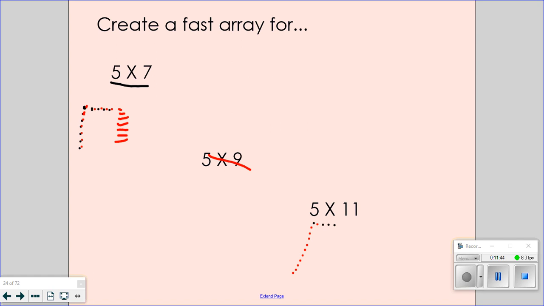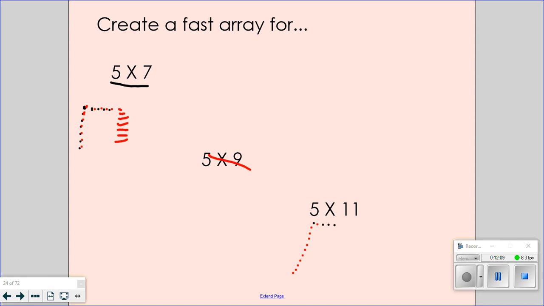As we start working with bigger numbers, this might be a better strategy. Can you still draw a regular array? Yes. Just remember, you have to be very neat. The same number in every row, and that can get a little difficult to do when we start drawing 55 things.